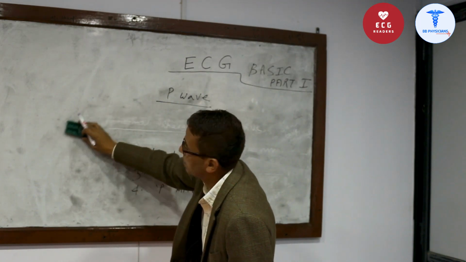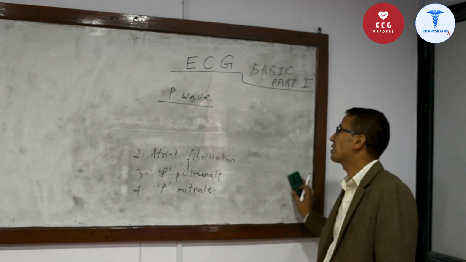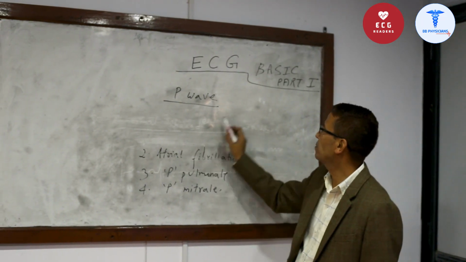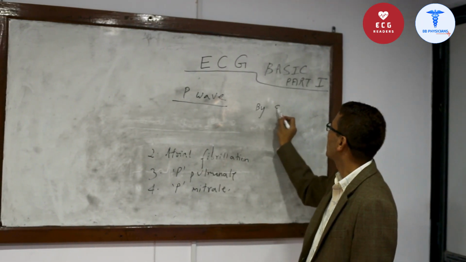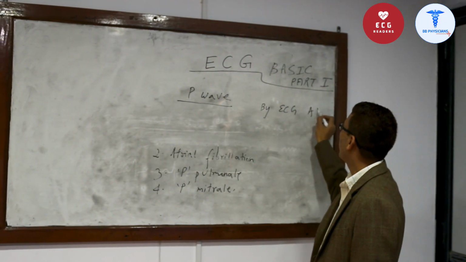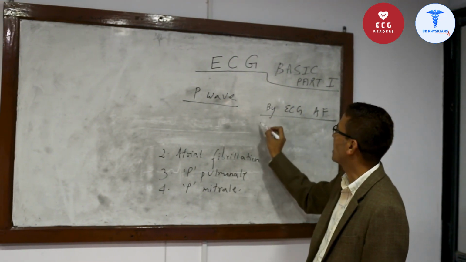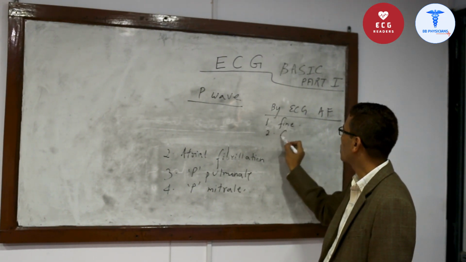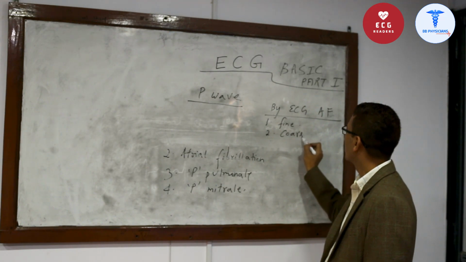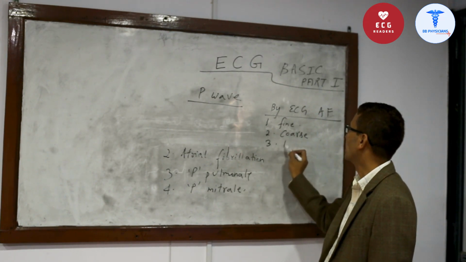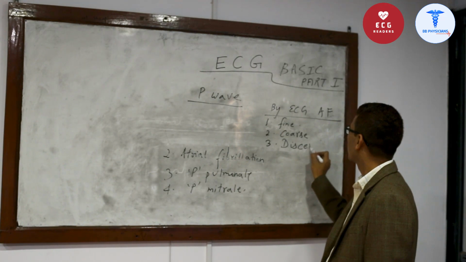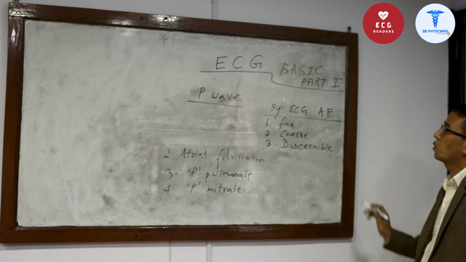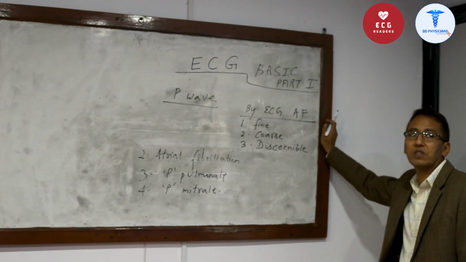By ECG, atrial fibrillation can be classified as fine atrial fibrillation, coarse atrial fibrillation, and discernible atrial fibrillation.